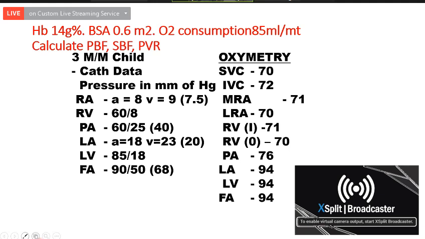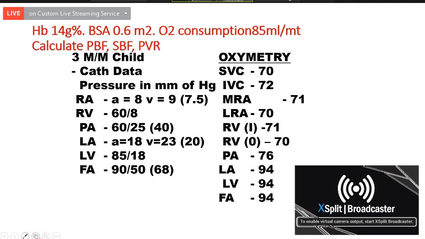So here, what is the oxygen consumption? 85 ml. What is the arterial oxygen difference? You have to calculate it. We are getting the oximetry. From the oximetry, you have to convert it into oxygen content. How will you convert this into oxygen content? Hemoglobin into 1.34, the oxygen carrying capacity. 1.34 will give you exactly the oxygen carrying capacity of hemoglobin, but some oxygen is dissolved in the plasma also.